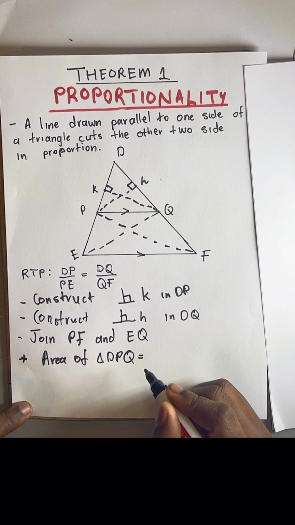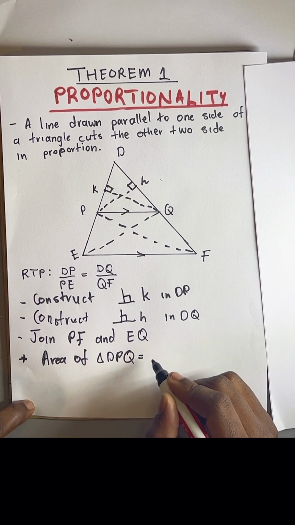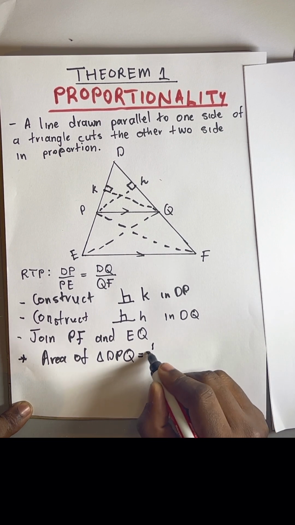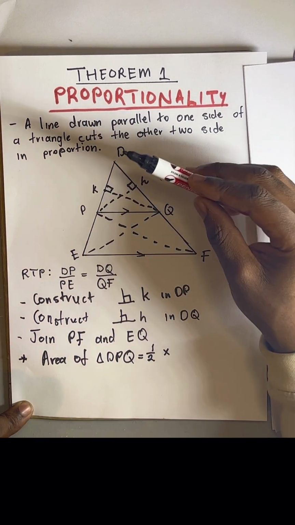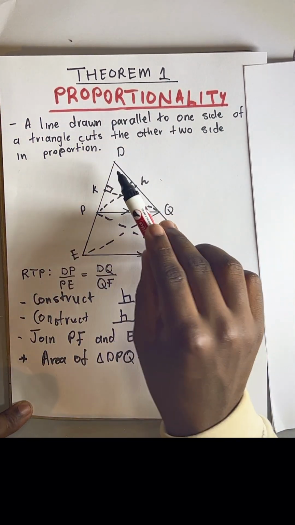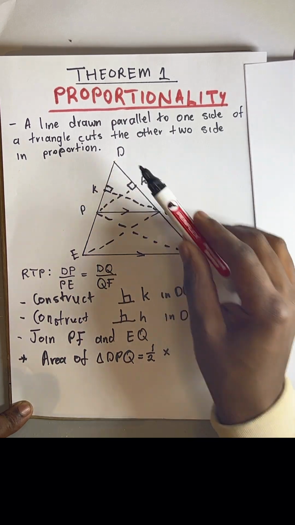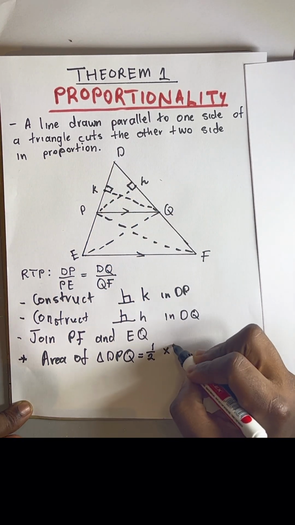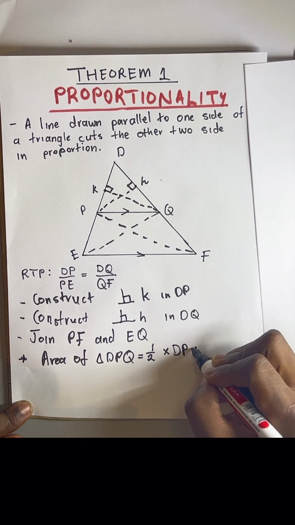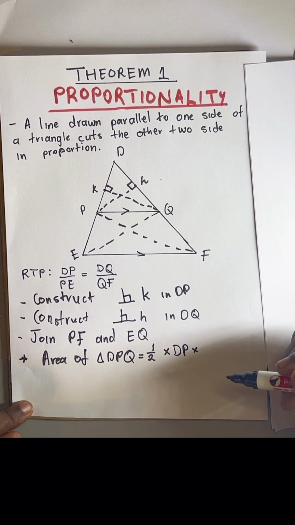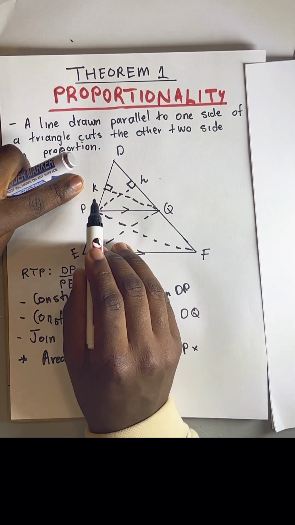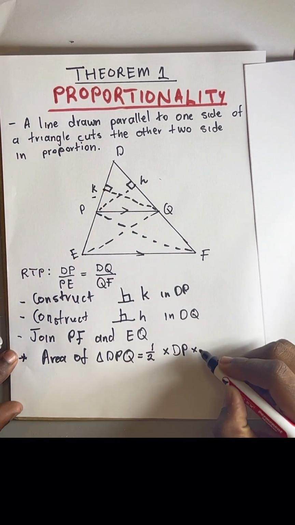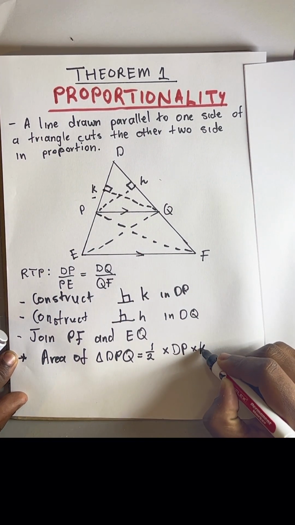From our area formula of a triangle, it is going to be half base times height. In this triangle, your base is going to be DP, multiplied by the height, which is the perpendicular height that was constructed, height K.